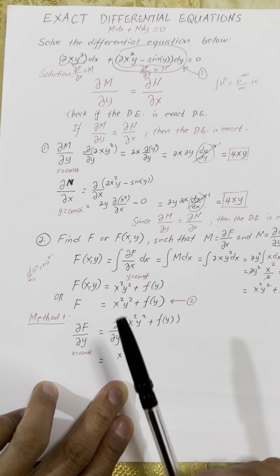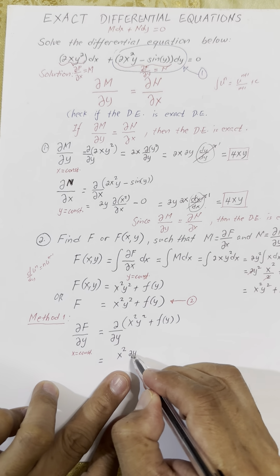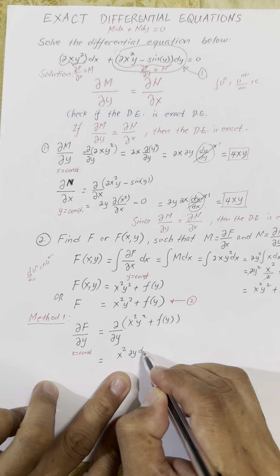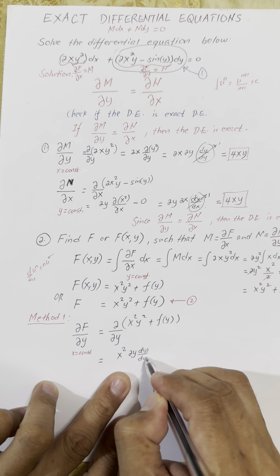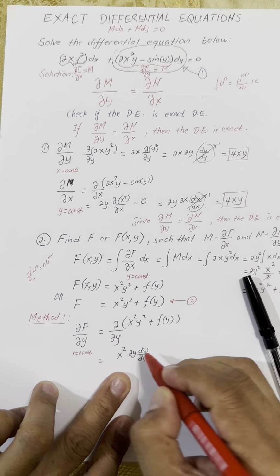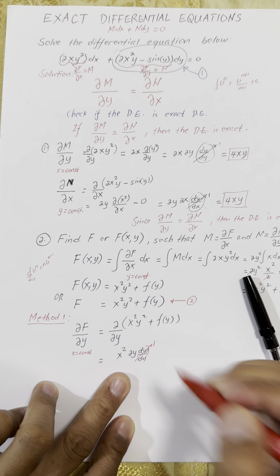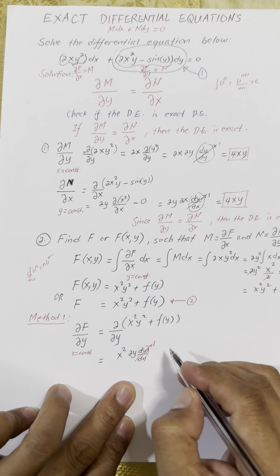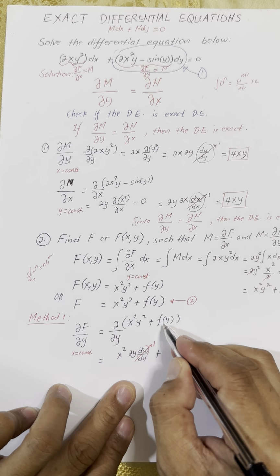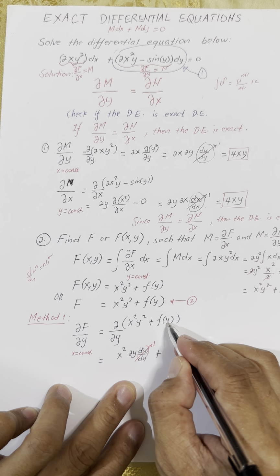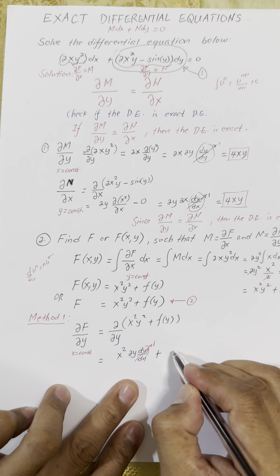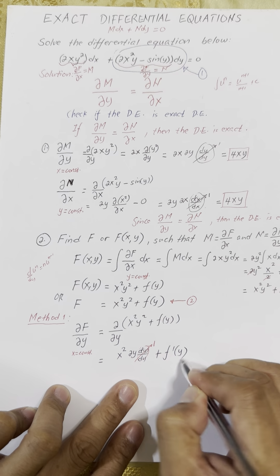So this becomes 2y times the derivative of y with respect to y, which is just equal to 1, plus the derivative of f of y, which will be f prime of y.